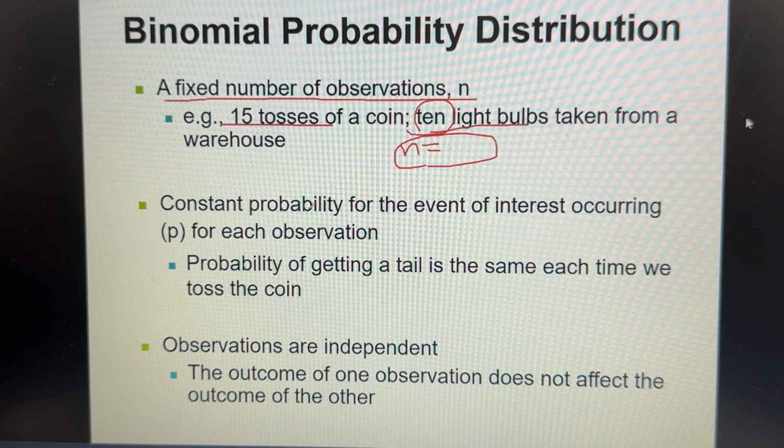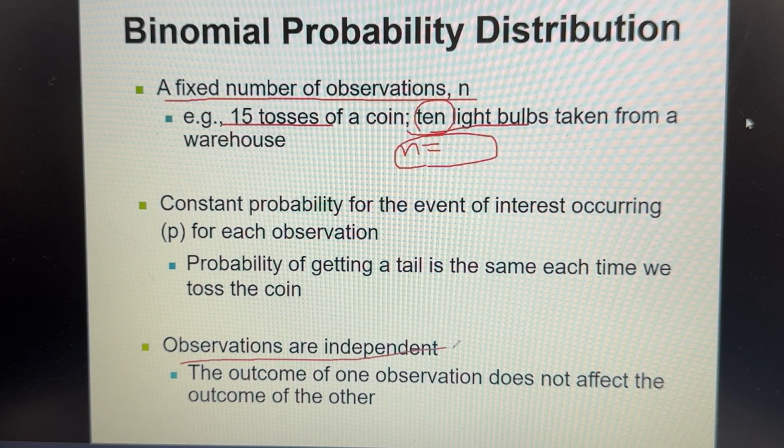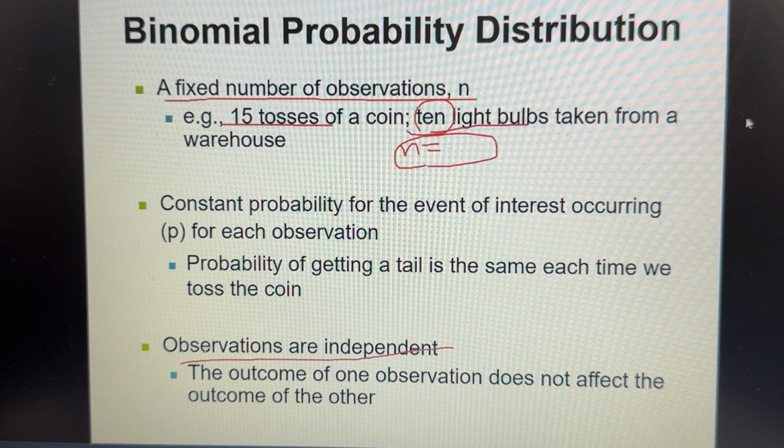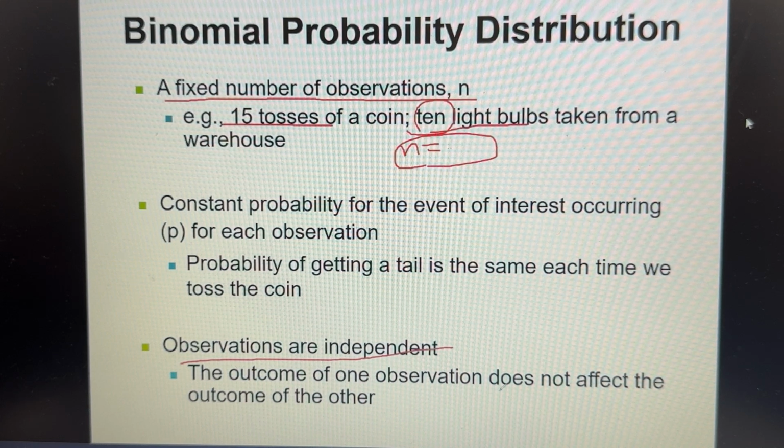Next, observations are independent. The outcome of one observation does not affect the outcome of the other. Once you toss a coin, you may get head or tail, and the second time there is no effect from the earlier one, because it is independent.